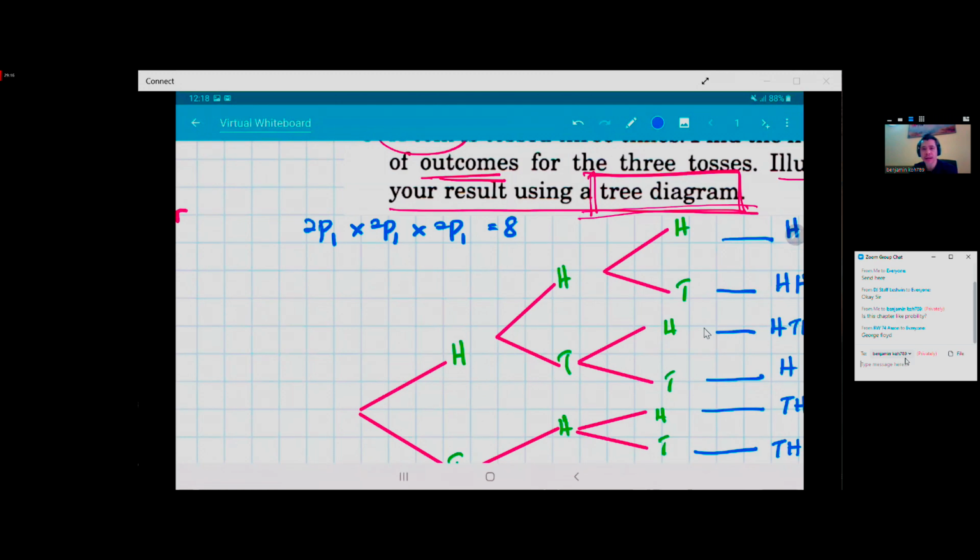Okay. But some students might accidentally count 2P2 times 2P2 times 2P2. If you count 2P2 times 2P2 times 2P2, you will get 8. Why? Well, it's just because of how it's designed. If you do your research in your textbook, you will see this thing called Pascal's triangle. I won't go into detail for that.